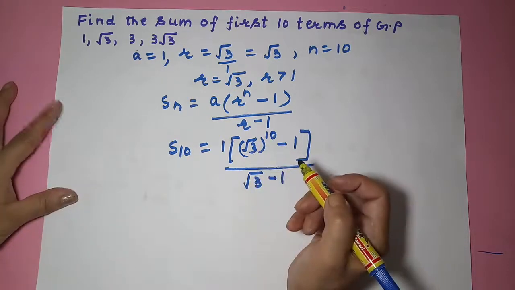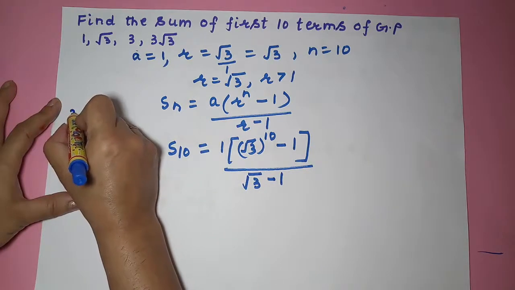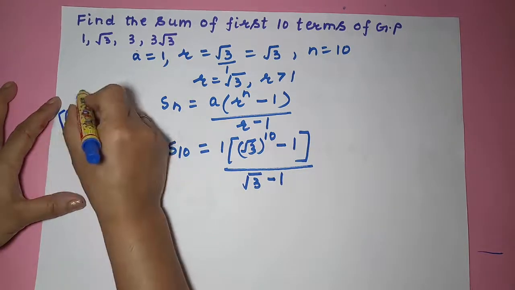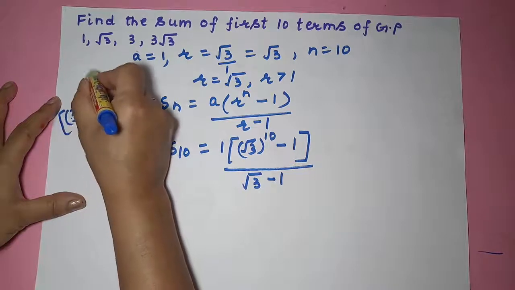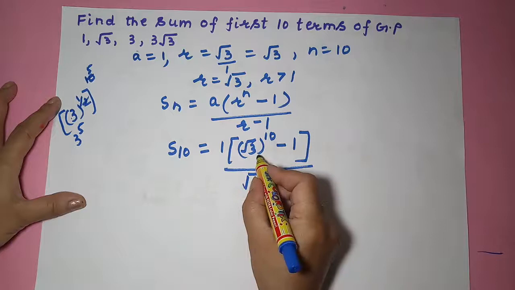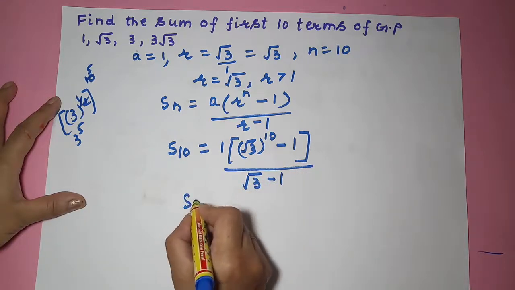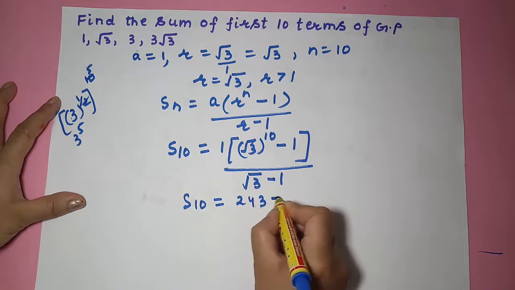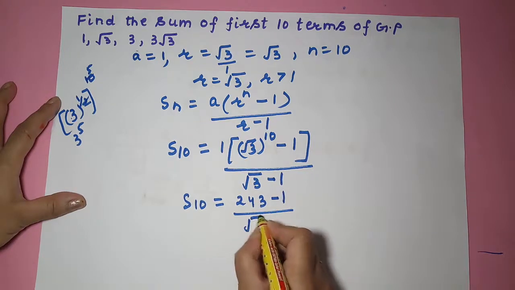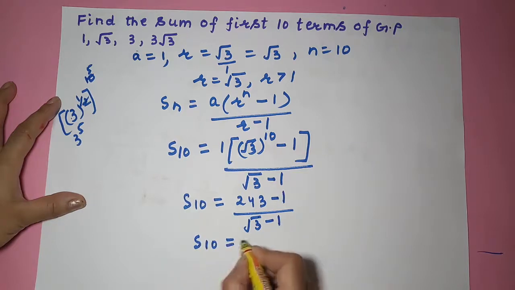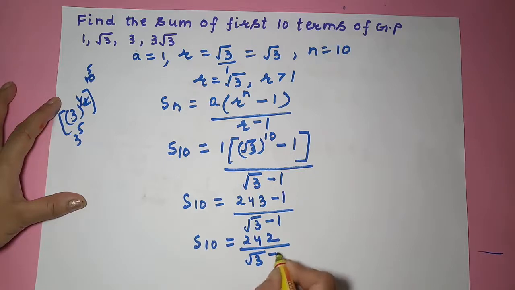Root 3 raised to 10 in terms of 3 will be, I can write root 3 as 3 raised to 1 by 2, whole raised to 10, 2 5s are 10. So I got 3 raised to 5. 3 raised to 5 is 243. So my S10 is 243 minus 1 divided by root 3 minus 1. So my S10 is 242 divided by root 3 minus 1.